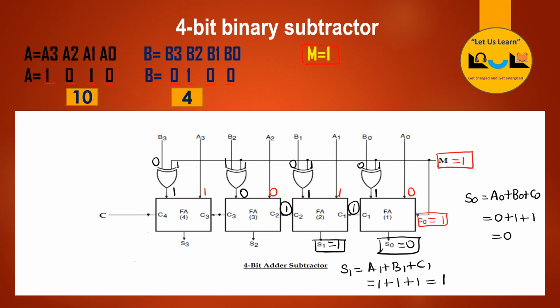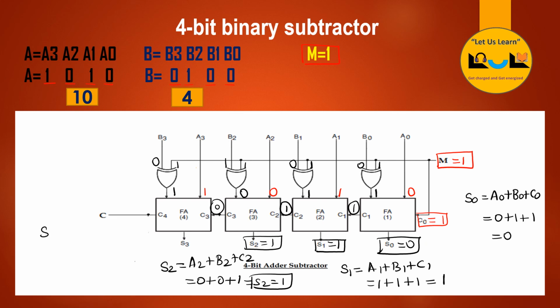So now we are going to find the value of S2. S2 is equal to A2 plus B2 plus C2. So A2 value is 0 and then B2 value is 0, C2 value is 1. So if you add this we will get S2 is equal to 1. So carry is 0, that is C3 will get 0.